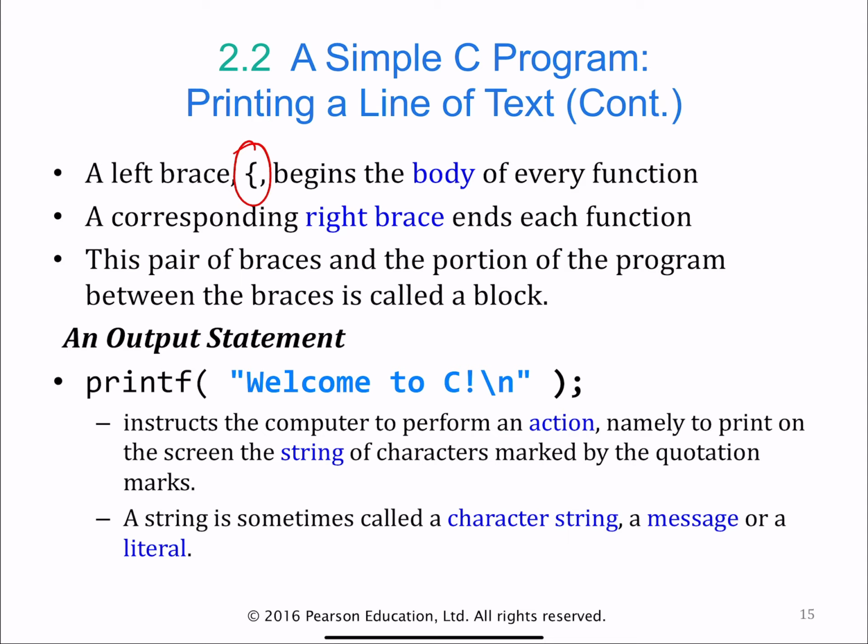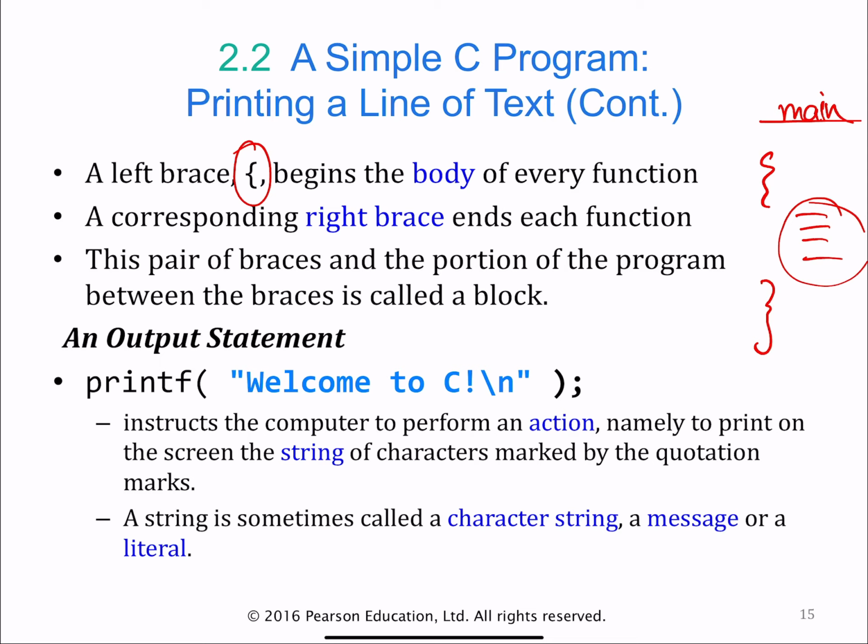You can put it on the same line as the name of the function, or you can put it underneath it. Either way it works. Any lines of code between the opening and closing braces belong to whatever function we have up here. In our example, that would be the main function.